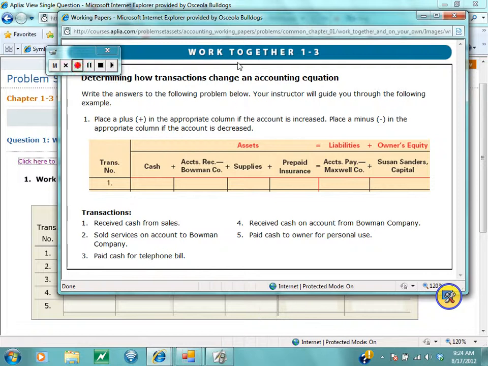You should be on Work Together 1-3, and this is what the problem looks like. Received cash from sales. And up here it tells you to put a plus in the appropriate column if the account is increased. Put a minus in the appropriate column if the account is decreased.